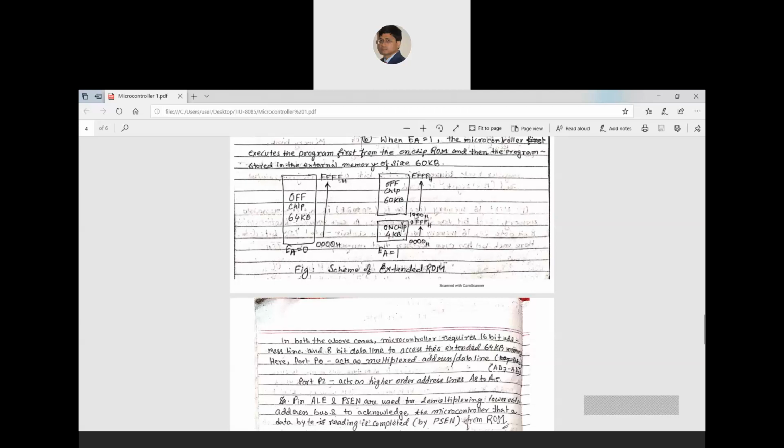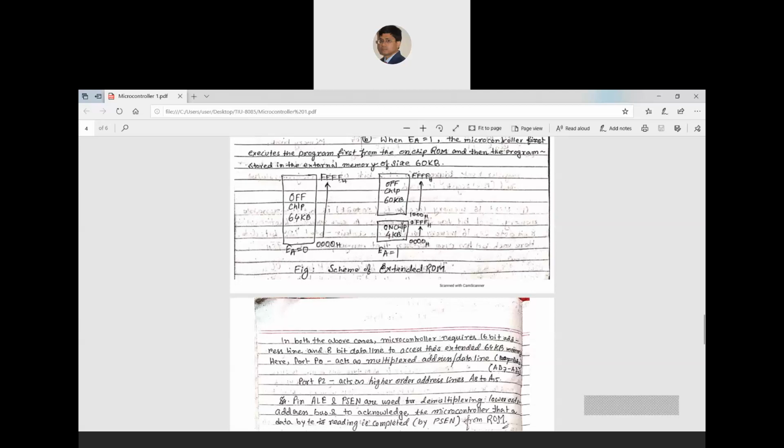So this is the thing you need to understand. After location 0FFF, it jumps to the next location, and 1000 is the starting location of the external ROM. Then what happened to the address locations before 1000? You are not using them, you are just ignoring that section. And what is the size of that ignored section?